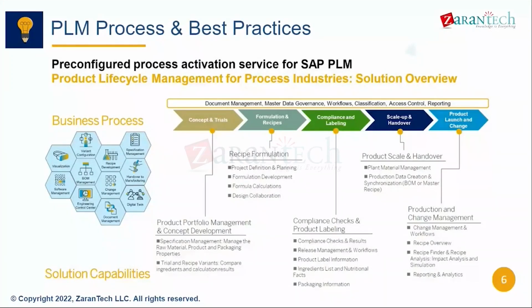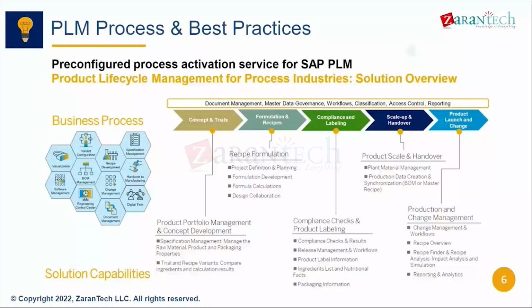If you are going to implement SAP PLM for process industry, we need to know whether the client or project is looking for a pre-configured process activation. If they want to go for it directly from SAP, they have product lifecycle management for process industry, and similarly product lifecycle management for discrete industry. So we need to understand what kind of solution is required for what kind of industry.